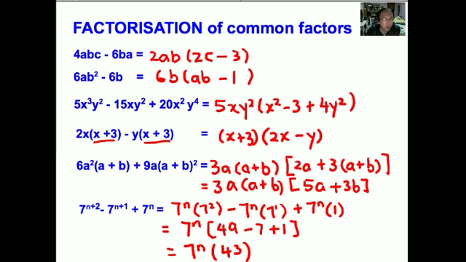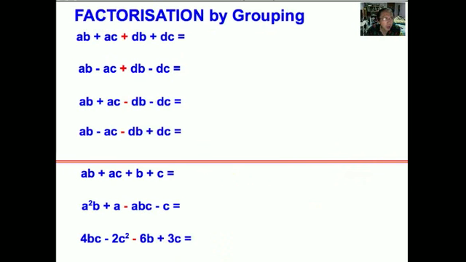We next take a look at the factorization by grouping. In this case, we usually have 4 terms, and each group has a common factor. When we do these sums, we need to pay attention to the middle sign.